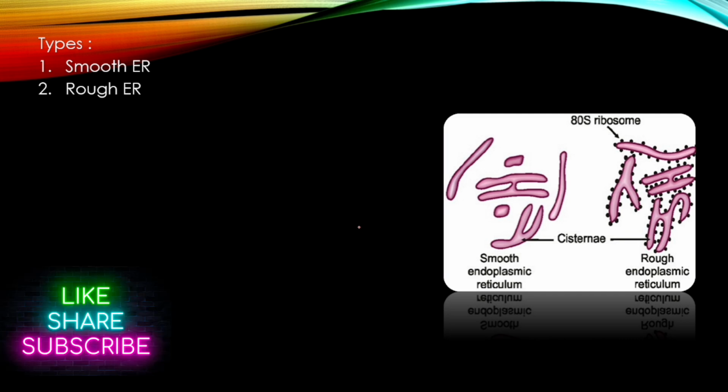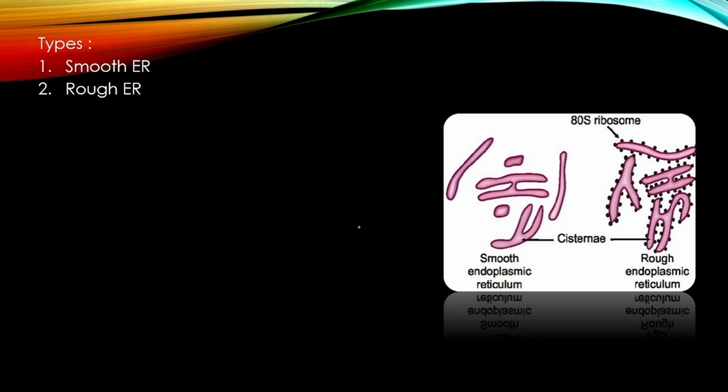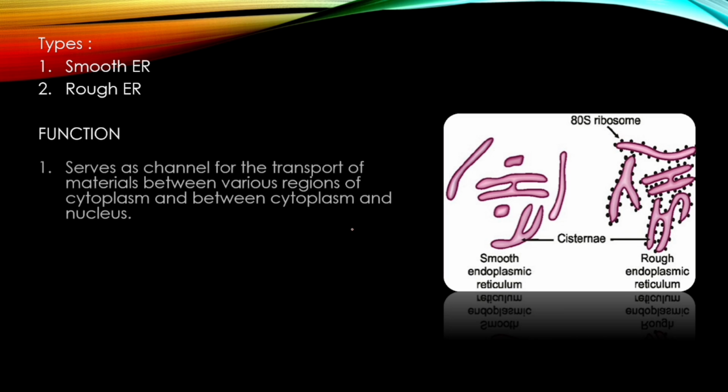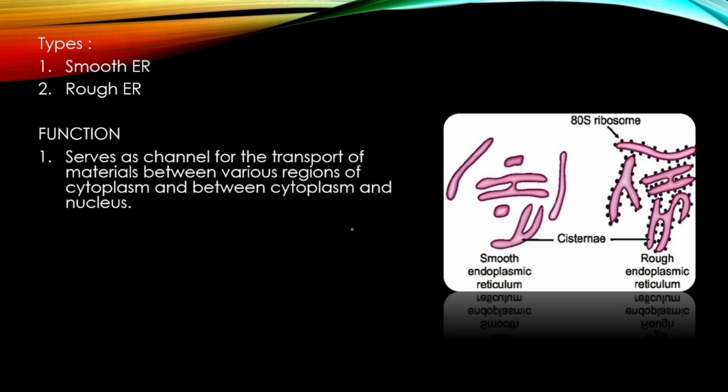You can see cisternae are the tube-like structures. Then vesicles are the small round-like structures, and tubules are the larger tubes. Smooth endoplasmic reticulum helps in fat synthesis, and rough endoplasmic reticulum, which contains ribosomes studded on it, helps in protein synthesis.